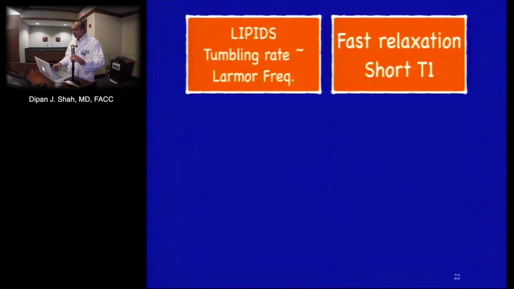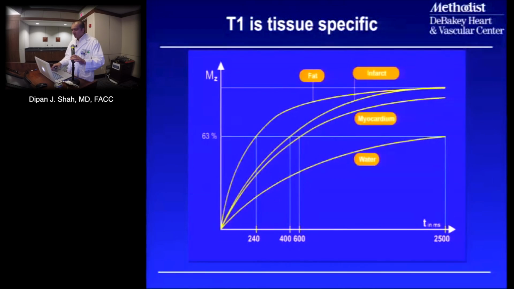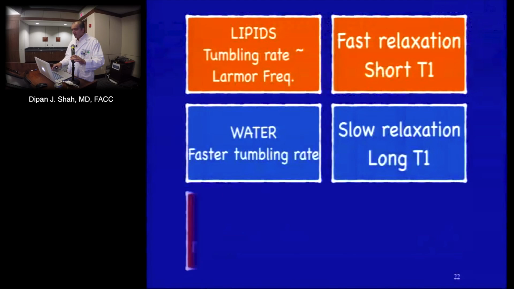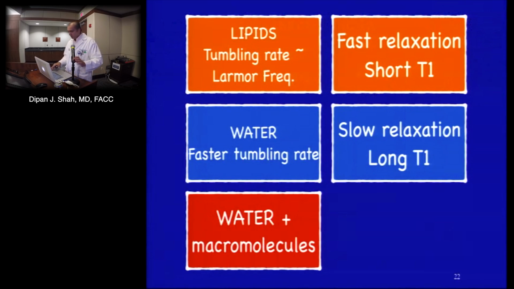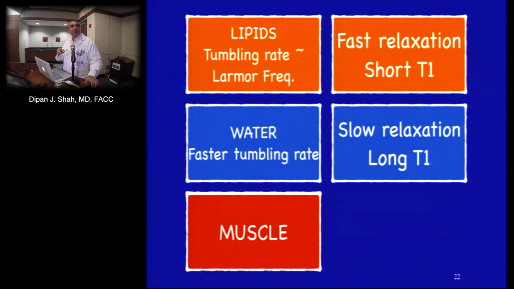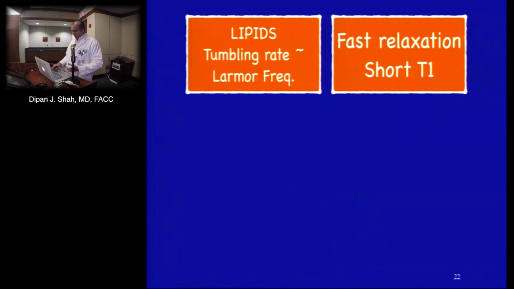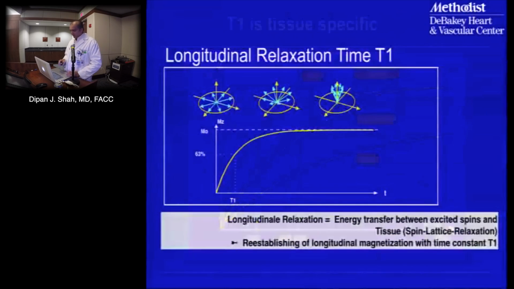Now, one thing, though, to be aware of is that we can cause some alteration to this, and specifically what you can do is you can cause an alteration to, for example, muscle by administration of contrast agents like gadolinium, which actually shorten the T1 relaxation time. So by administering gadolinium contrast, when it gets into your myocardium or when it gets into your blood, it will actually cause a shortening of what the T1 time was before you gave contrast agent.